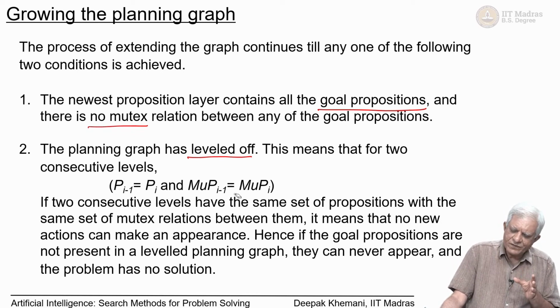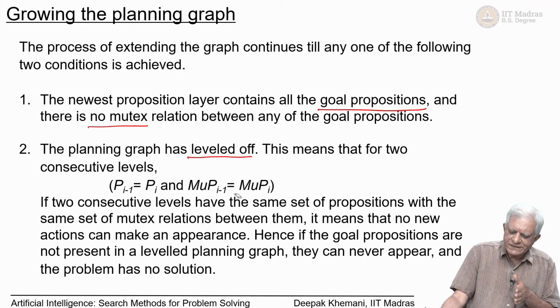In the first case, if you find that the goal propositions are present and they are not mutex, then you will search for a plan and the search will happen in the backward fashion. If you find a plan, then you report the plan. If you do not find the plan, you come back and grow the planning graph by one more layer and try again.